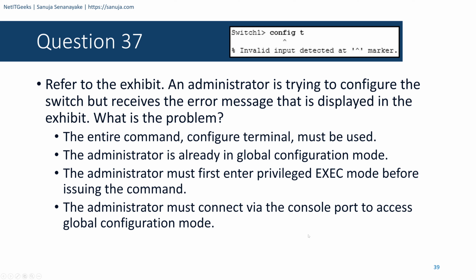The answers are: the entire command configuration terminal must be used; the administrator is already in global configuration mode; the administrator must first enter privilege exec mode before issuing this particular command; the administrator must connect via the console port to access the global configuration mode. I'll give you a few seconds to think about it.